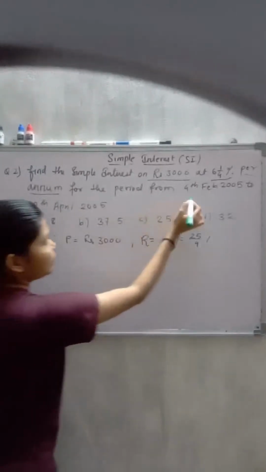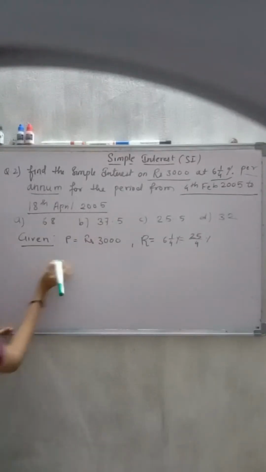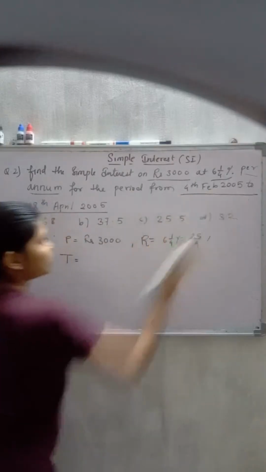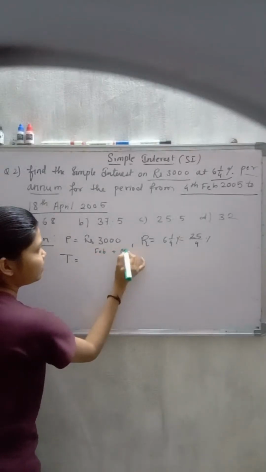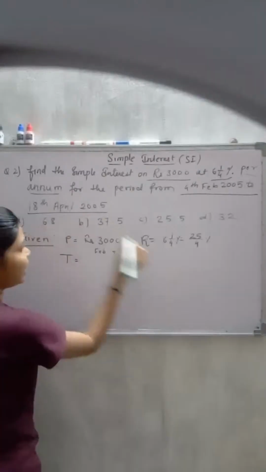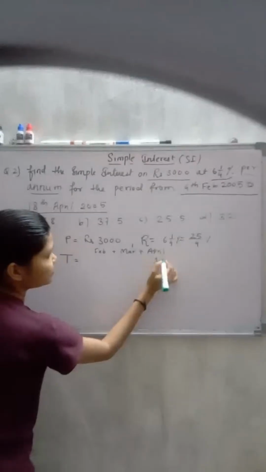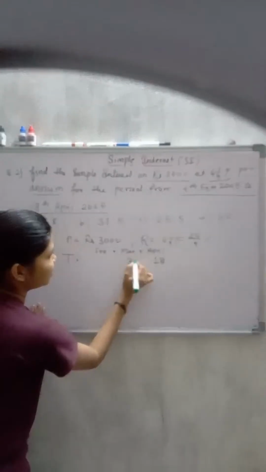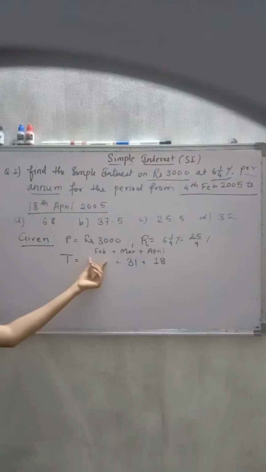From the period from 4th Feb 2005 to 18th April 2005, the time period is 4th Feb plus March plus April. 18 days of April, and in 2005 March is of 31 days and Feb is of 28 days or 29 days.